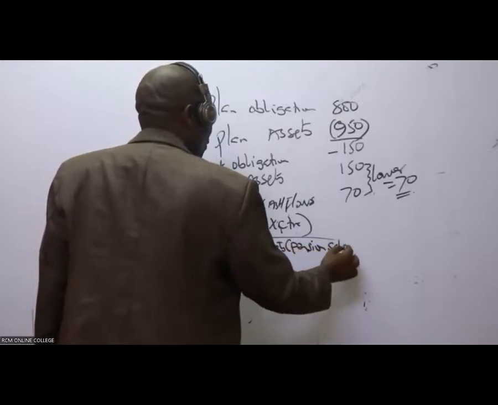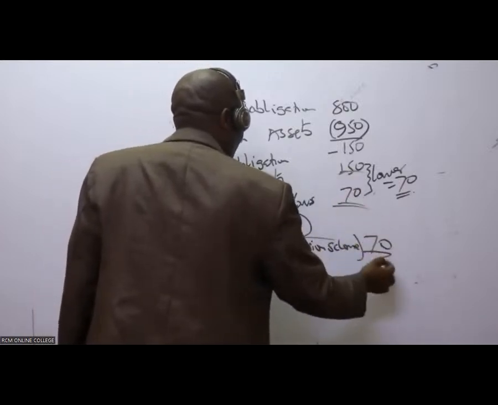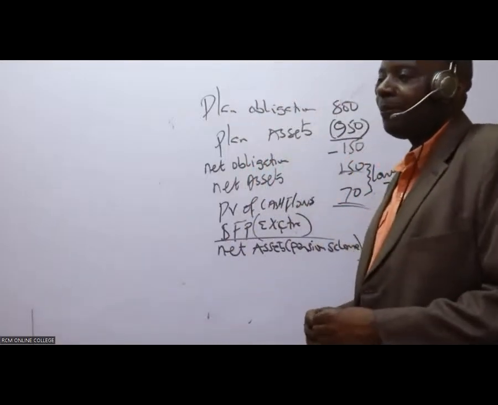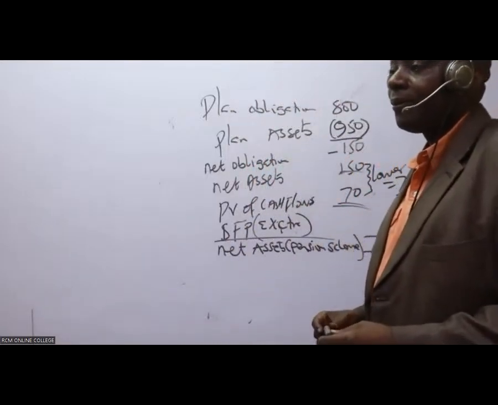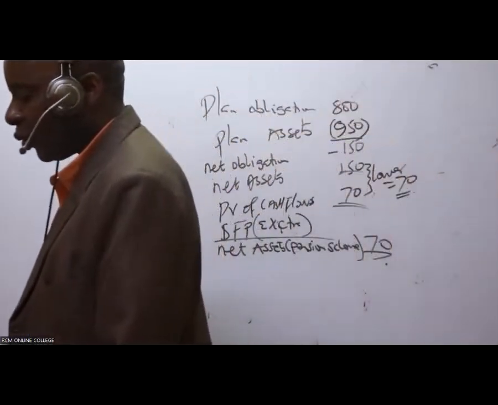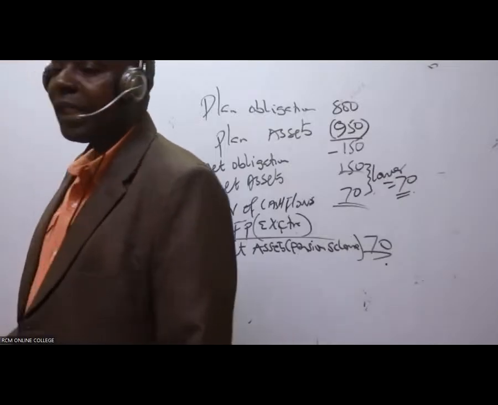Now you can't book 150 because there's a ceiling of what here? There's a ceiling of 70. That's what you book there. So that is it.